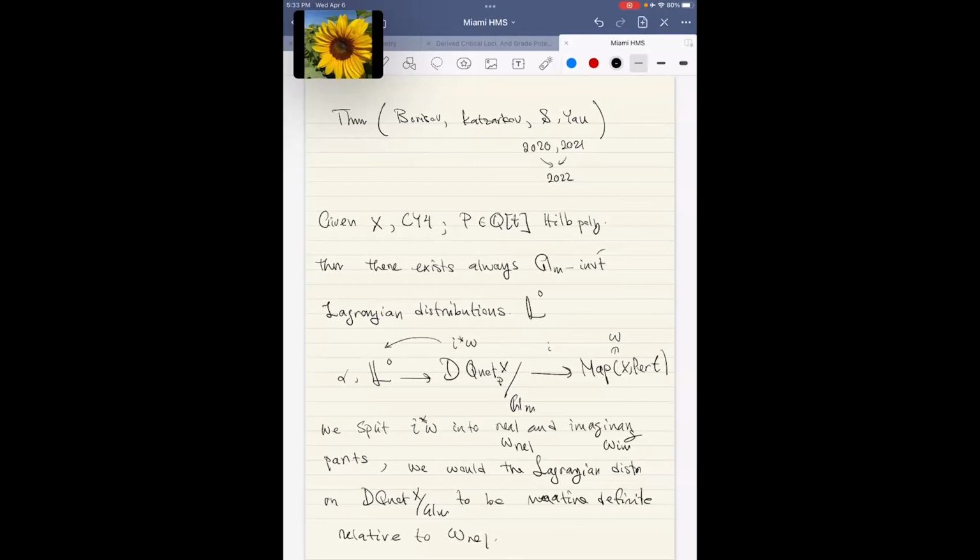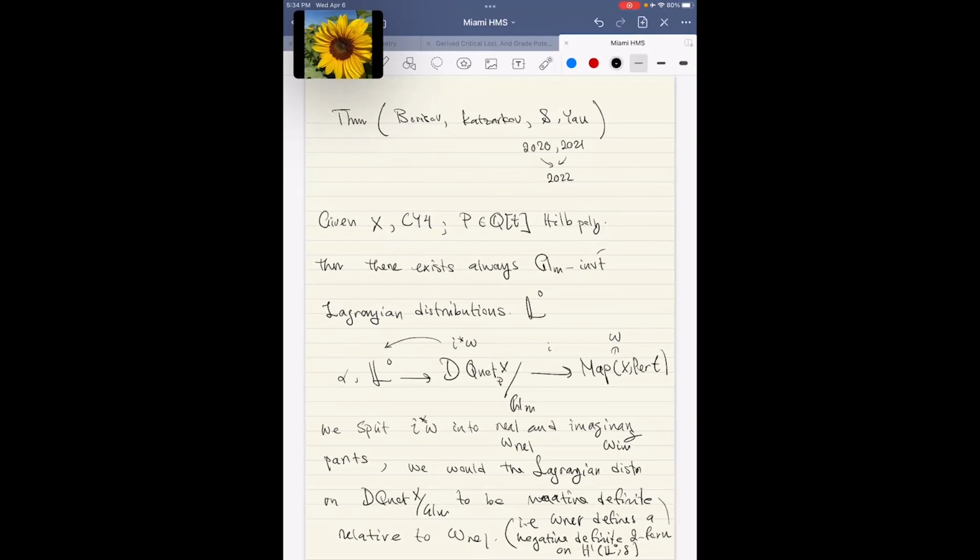Okay, a Lagrangian distribution with respect to the imaginary part of this form is negative definite with respect to the real part of omega if omega real defines a negative definite two form on H1 of the Lagrangian distribution with respect to the coboundary differential. Okay, so this is some kind of cohomological condition.